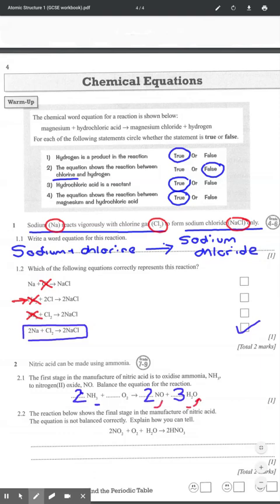There are then 2 lots of oxygen in 2 lots of nitrogen monoxide, which means that we've in total got 5 oxygens present on the left-hand side, and also we'll have to have that present on both sides. So 5 oxygens. We have an O2 molecule, and in order to make 2 become 5 oxygens, we have to multiply that up by 2.5. Okay, so we can leave that as a half.